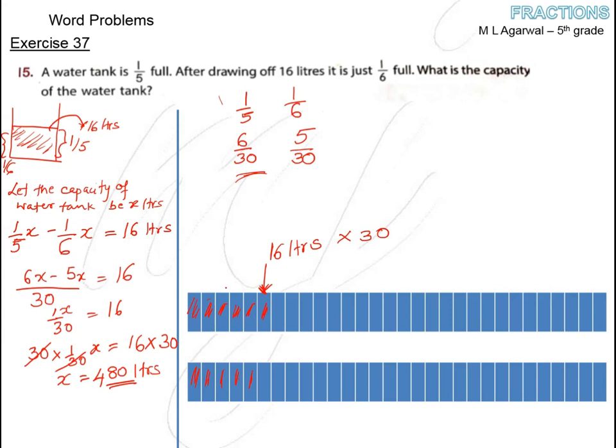One part is 16. So how much is the whole? So I will say 16 into 30. So 16 into 30, my whole tank is 480 liters. Understood how to do it in the block diagram, which becomes a little simpler if you understand it. Clear? Let us go to the next question.